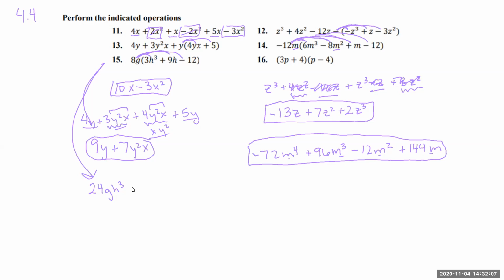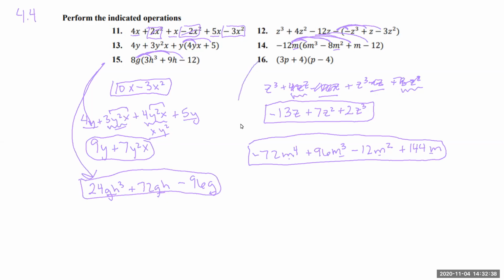So then for our next one, we have 8G and 9H, which is going to give us a positive 72GH. And then if we go on to the next one, which is 8G times negative 12, we're just going to get a negative 96G. And since none of these can combine because the variables are not the same, we're just going to go ahead and call that the final answer. That's as far as you can simplify it.